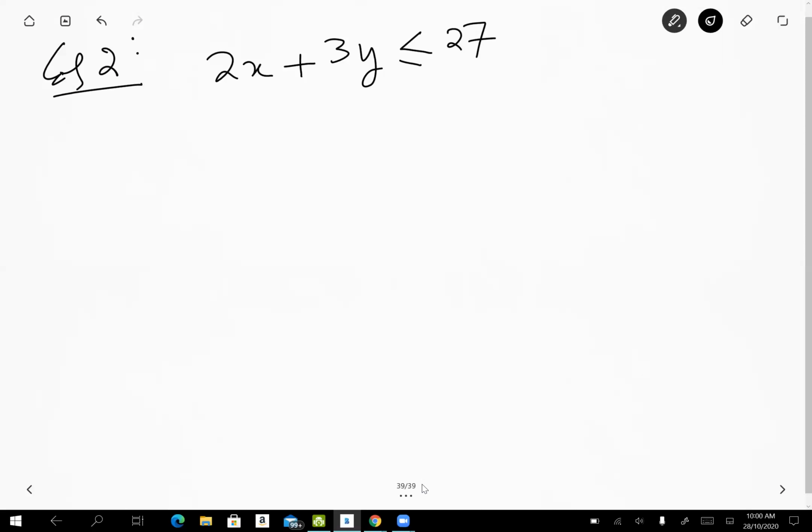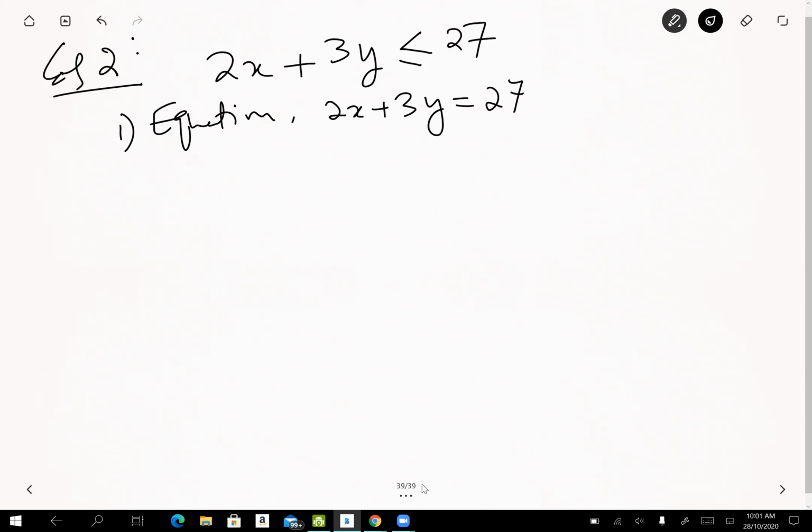So what do we do? First, we consider the corresponding equation. So we start with the equation 2x plus 3y equals 27. Now let's do this quickly. What is the x-intercept?